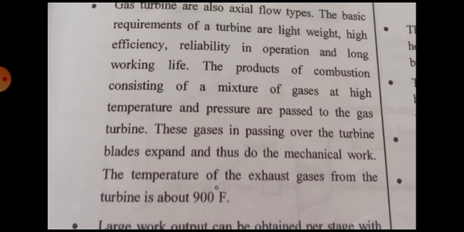The products of combustion consist of a mixture of gases at high temperature and pressure, which are passed to the gas turbine. These gases, in passing over the turbine blades, expand and thus do the mechanical work. The temperature of the exhaust gases from the turbine is about 900 Fahrenheit.